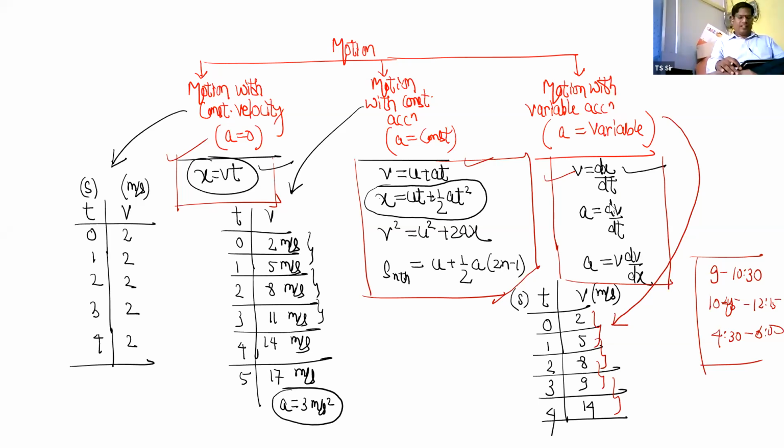Okay. So now let's study motion with constant acceleration, the second kind of motion. Later we will go to motion with variable acceleration. Okay, so write down: motion with constant acceleration.